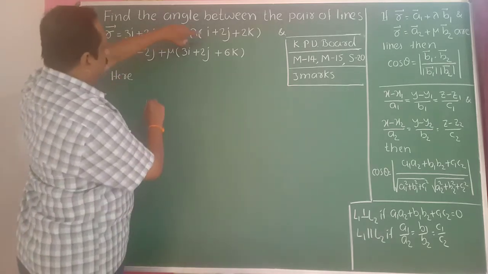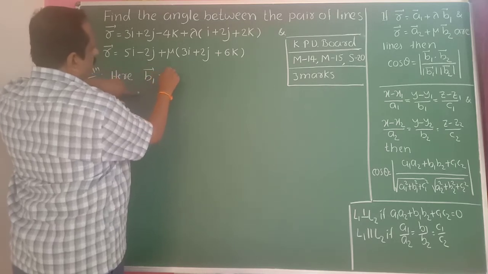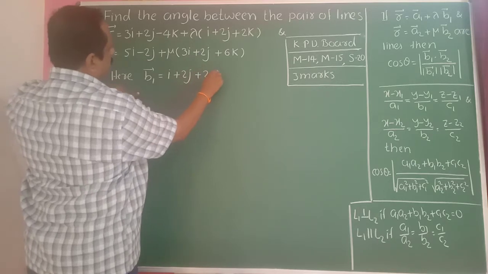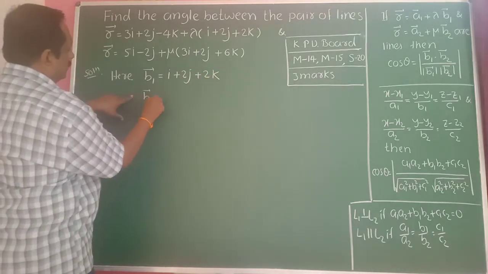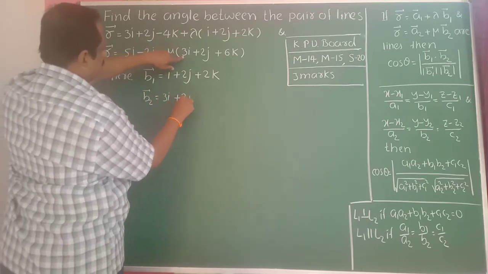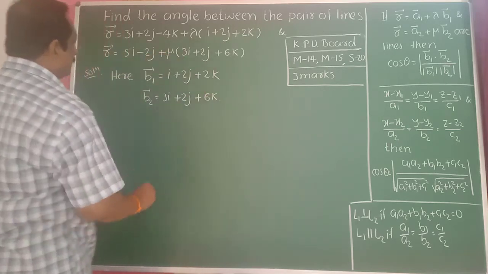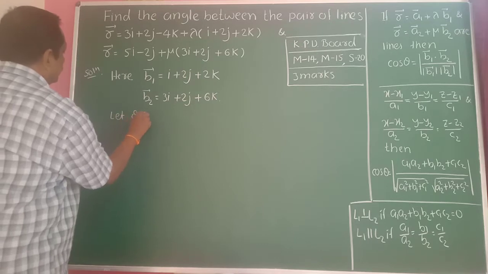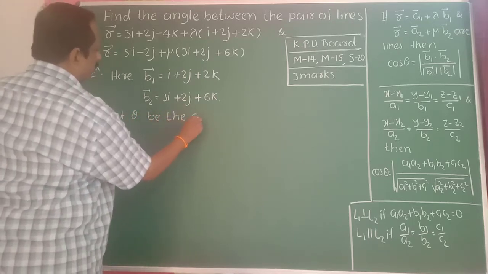The vector b1 is equal to i plus 2j plus 2k, and the vector b2 is equal to 3i plus 2j plus 6k. Therefore, let theta be the angle between the lines.